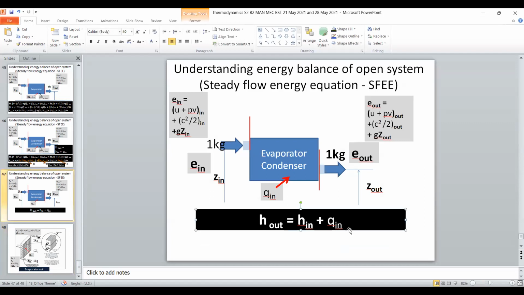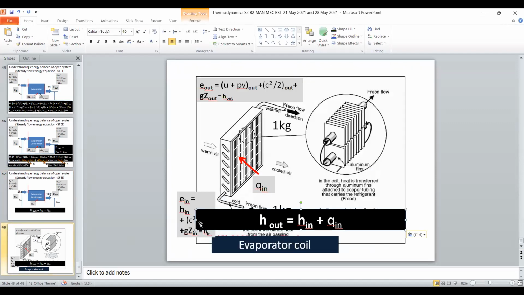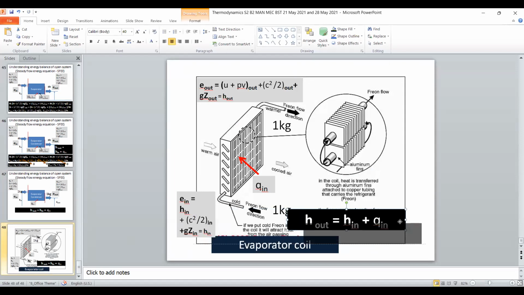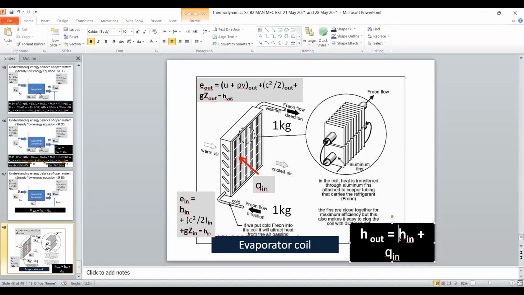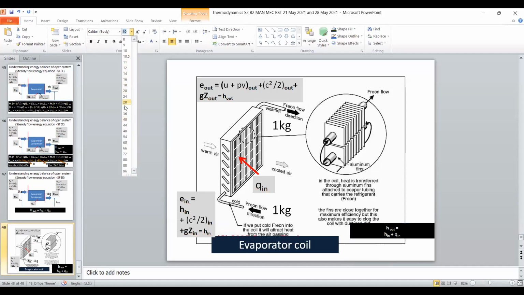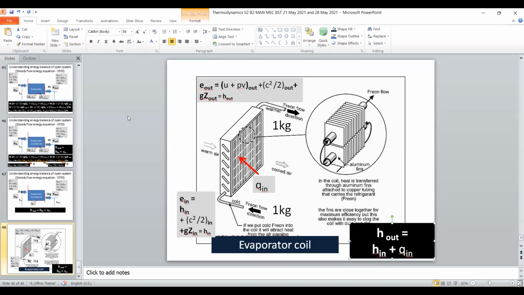So back to this: H in plus Q in is H out, which means H out is H in plus Q in. Interesting. Very good.